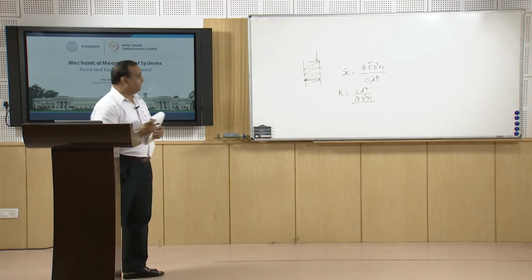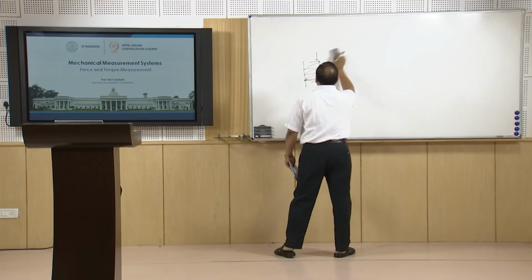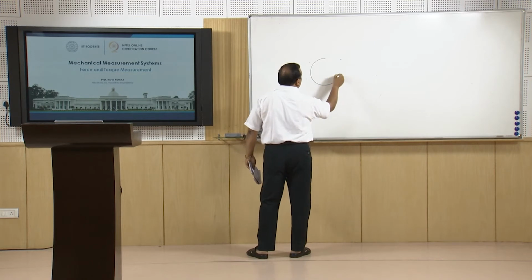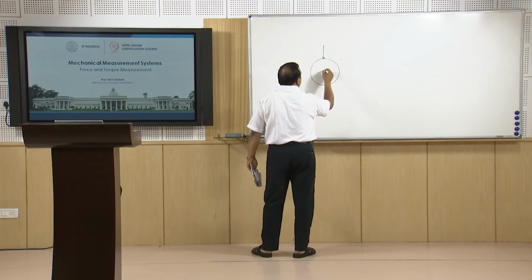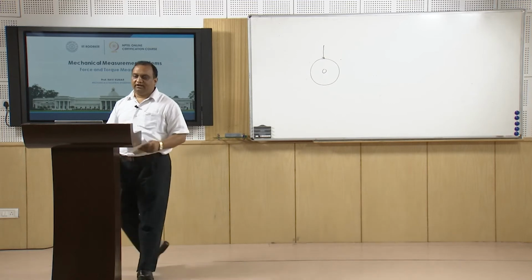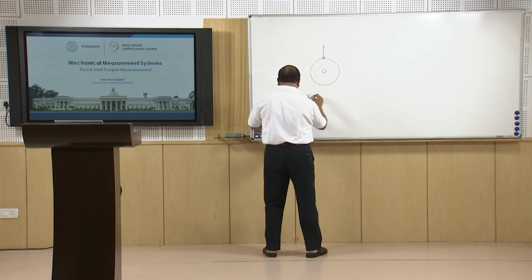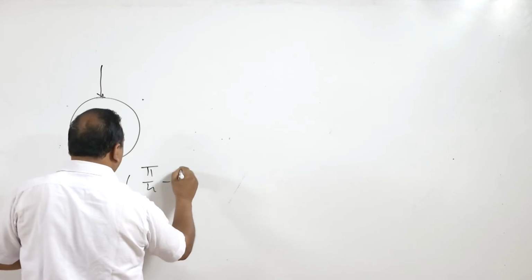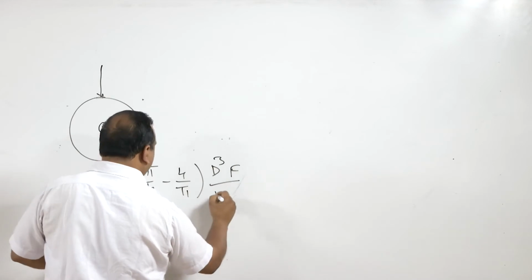A thin ring or proving ring can also be used for force measurement. We have already discussed this type of rings earlier when we were discussing the transducers. If the force is applied here, a change in the diameter will take place, and it is a curved beam, so displacement x is going to be equal to 1 by 16 (pi by 4 minus 4 by pi) D cube F divided by EI.